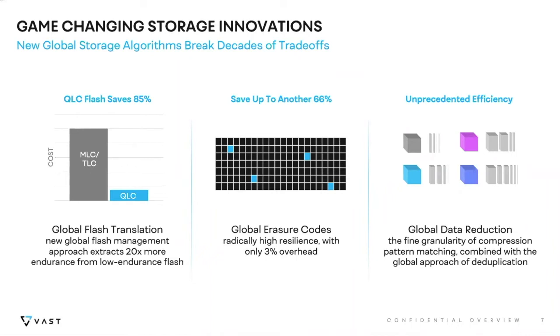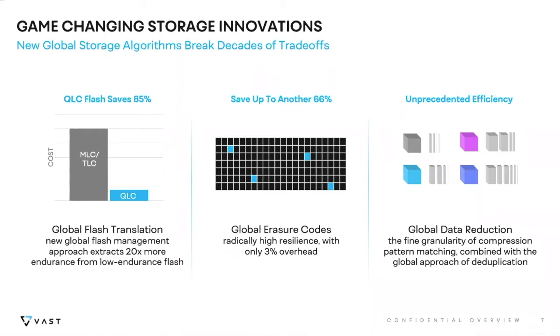But on the flip side, it's not a coarse pattern matching like you have with deduplication. Our pattern matching goes all the way down to single byte levels of granularity. And so what we're able to do is to find patterns in places where customers never really thought that there would be an ability to optimize on a global basis.